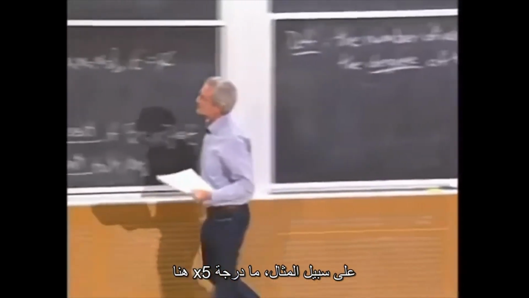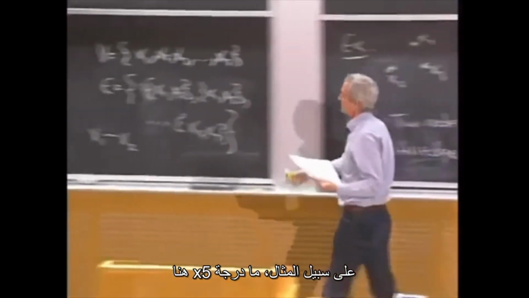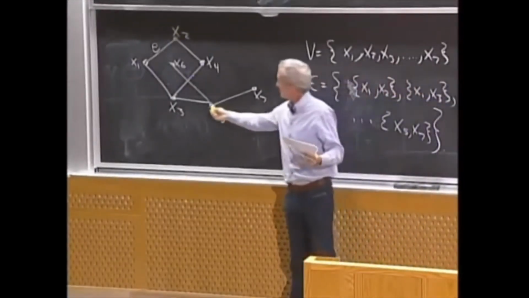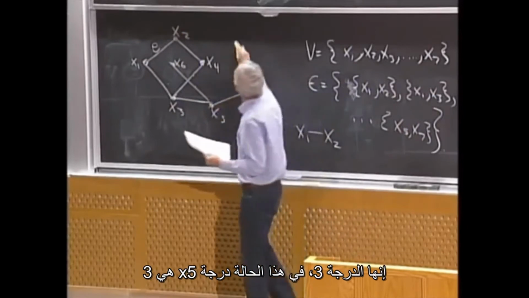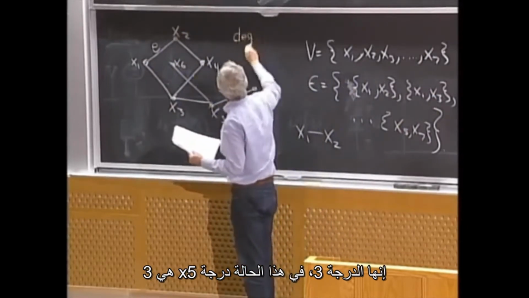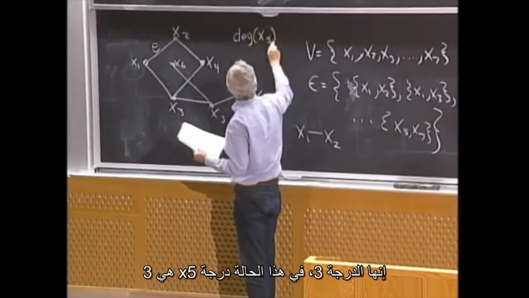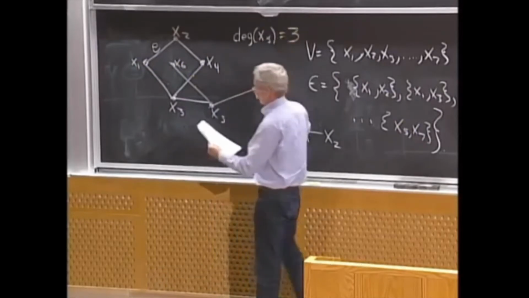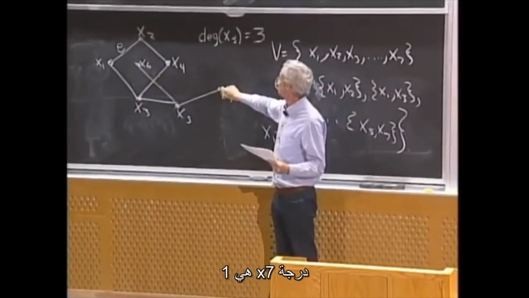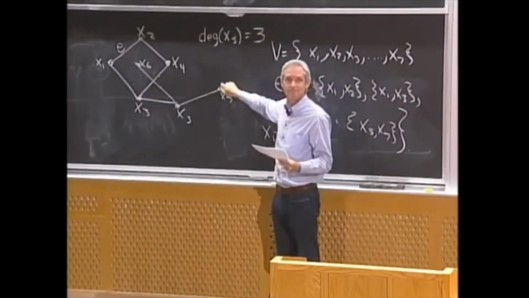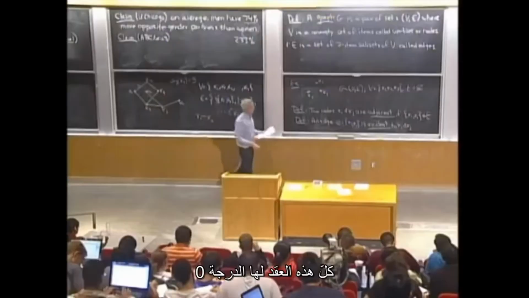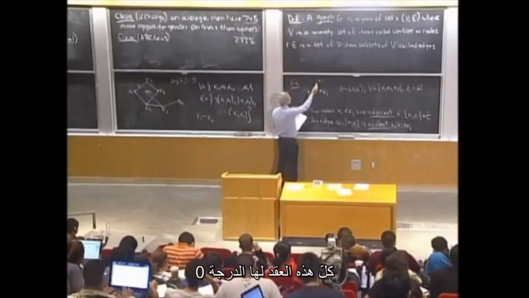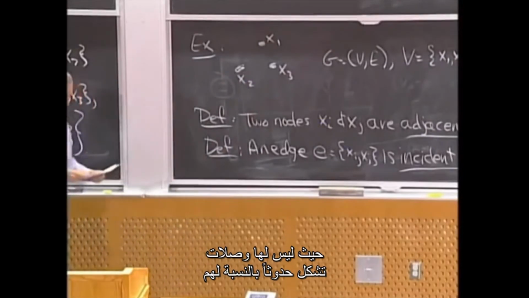So for example, what's the degree of x5 over here? 3. So in this case, the degree of x5 equals 3. The degree of x7 is 1. These guys all have degree 0. There's no edges incident to them.